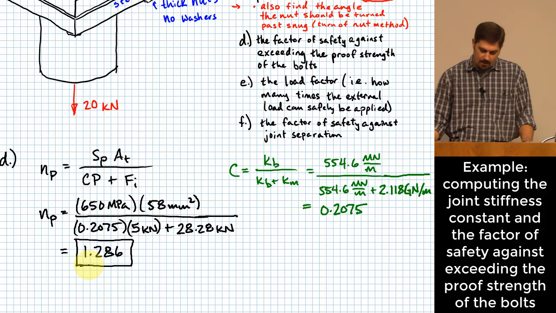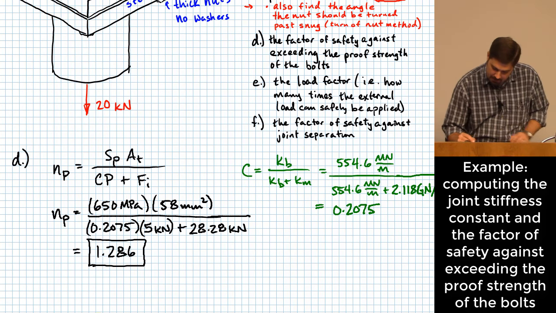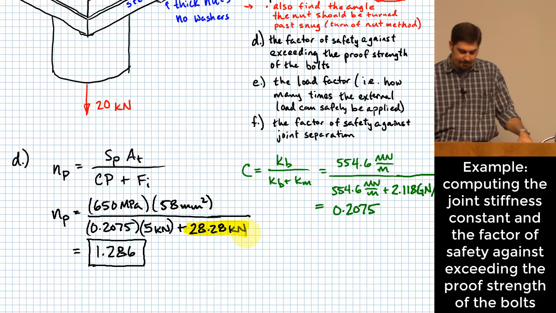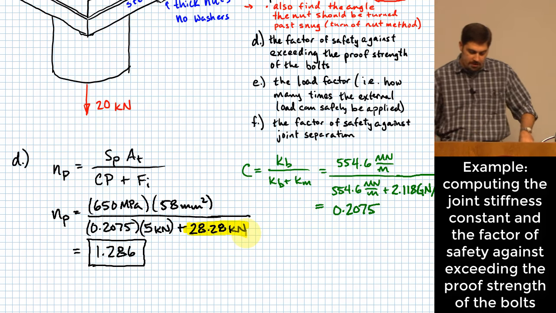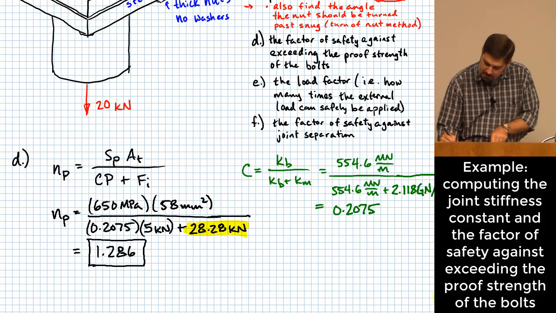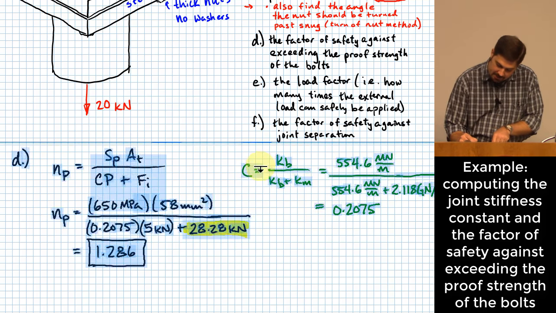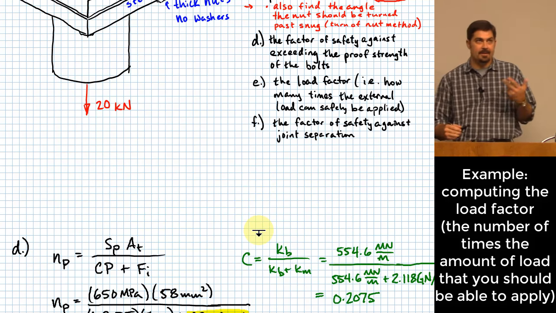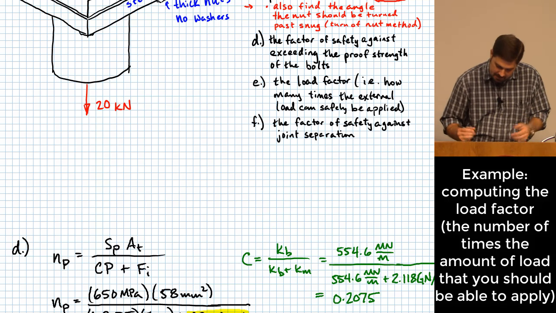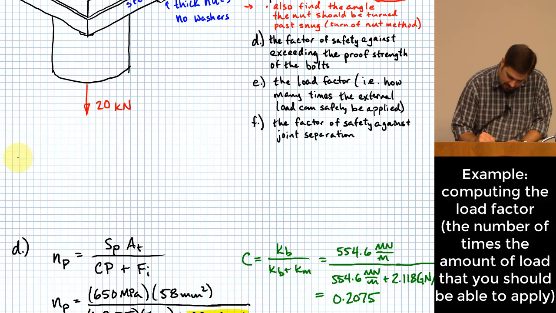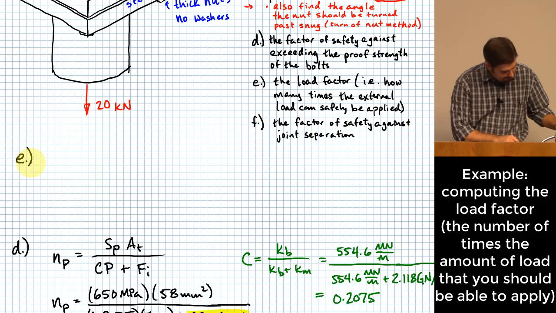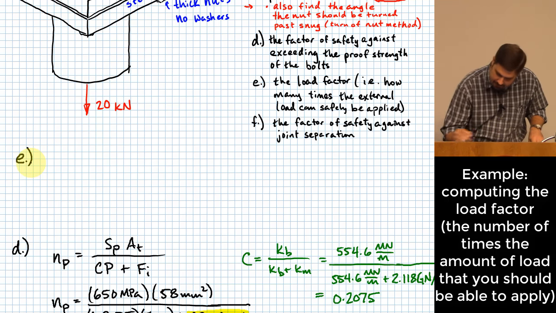Now, because we have this factor that is the preload that basically doesn't change, we often don't want to use this N sub P as much as we might want to use a load factor, which tells us how many times additional load we can apply and still be safe. And so that's part E. There's another equation there on page 432.